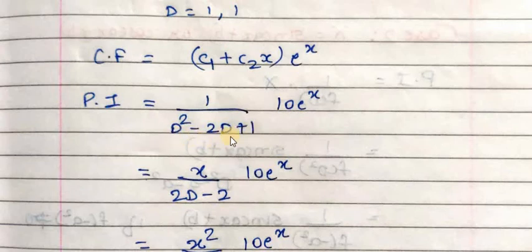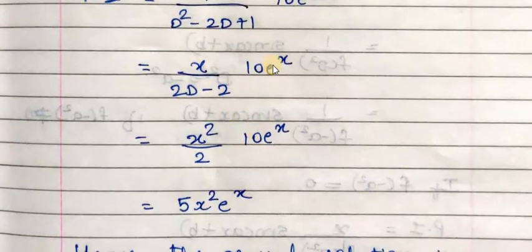So 1 plus 1 is 2 and 2 minus 2 is 0, right? So we will not replace D by 1. What we will do is differentiate this function and multiply the numerator by x. So in the numerator we have x into 10 e raised to 1x, and the derivative of D square is 2D.